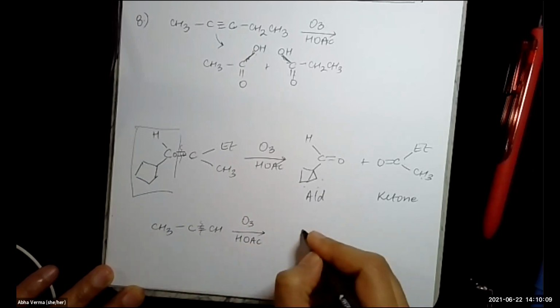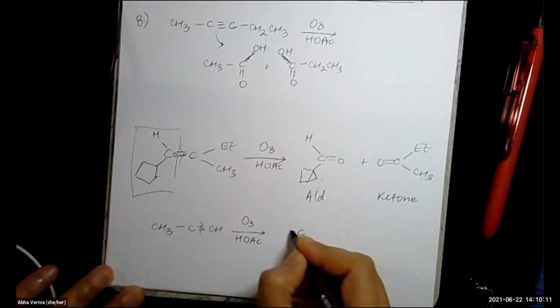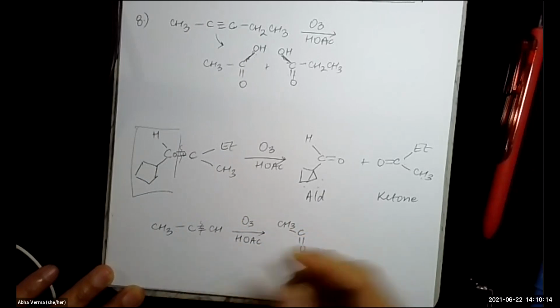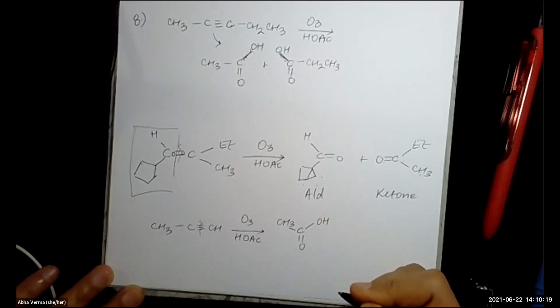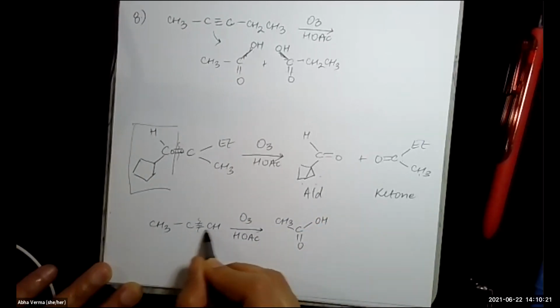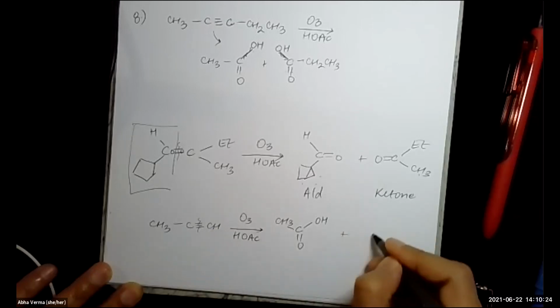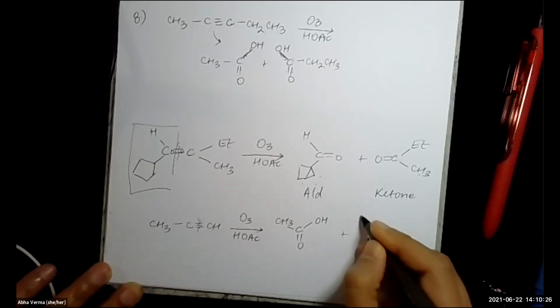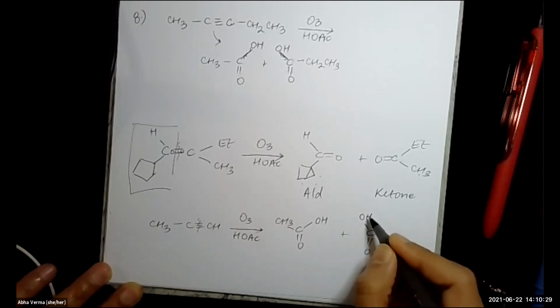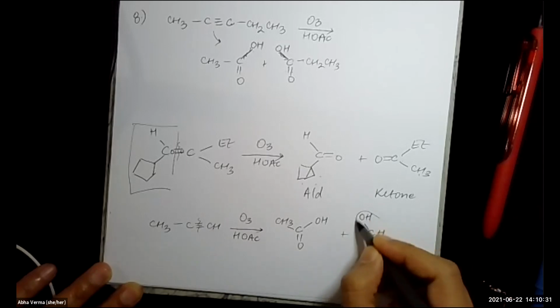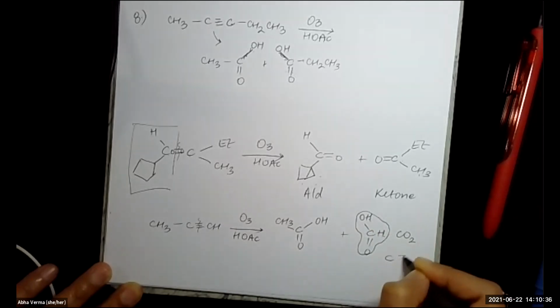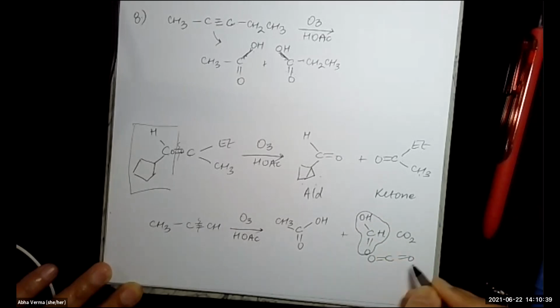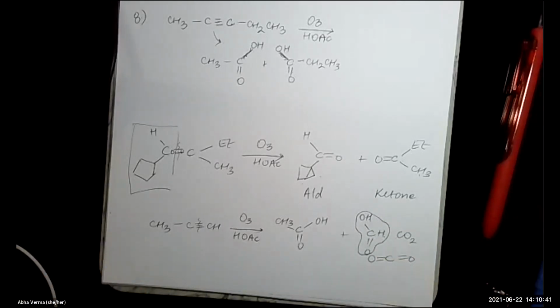To this carbon, I will get the double bond O with the CH3. And what is the fourth group on this? The OH. What would happen here? Now this carbon will also get oxygen, OH, and H. However, because of certain rearrangements, it will then become carbon dioxide, the highest form of oxidation of a carbon.